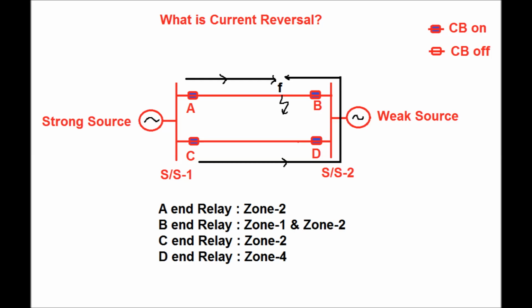So the A end relay will detect this fault at zone 2, and the B end relay will detect it at zone 1 and zone 2 also. And for the C and D circuit, the C end relay will detect zone 2, and for the D end, if the fault point is very close to B point, then it will detect at zone 4.